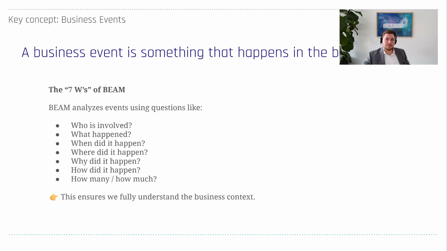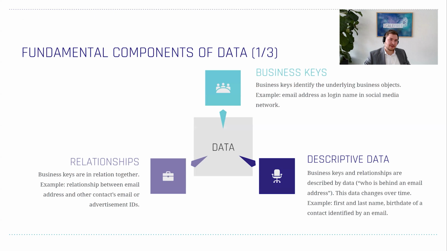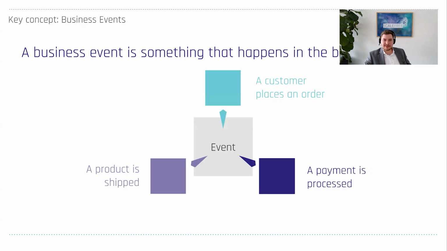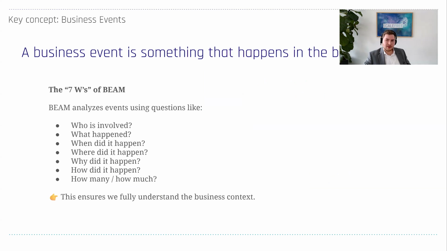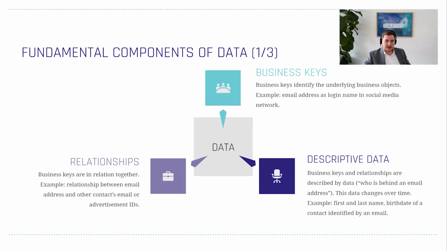And before I show the thing, I wanted to go again a little bit into Data Vault. If you think about what we just saw, we had some events that are described: the customer places an order, payment is processed, product is shipped, and we model the business. When we talk about Data Vault, we have something a little bit similar. With Data Vault we talk about fundamental concepts of data: business keys, descriptive data, and relationships.